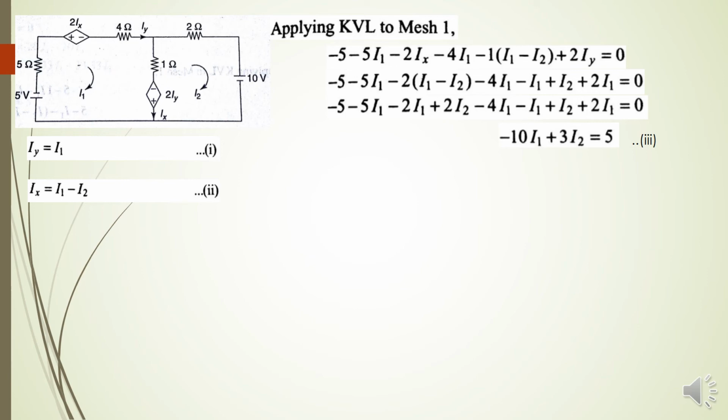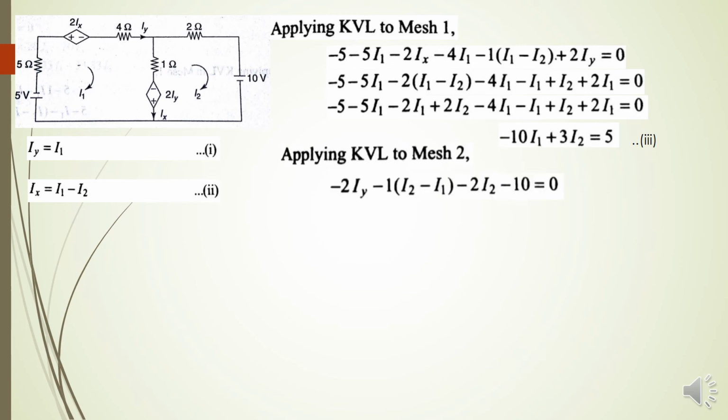Now you apply KVL to mesh 2 and write the KVL equation. Minus 2 Iy minus 1 times (I2 minus I1) minus 2 I2 minus 10 equal to 0. This is your basic KVL equation for mesh 2.